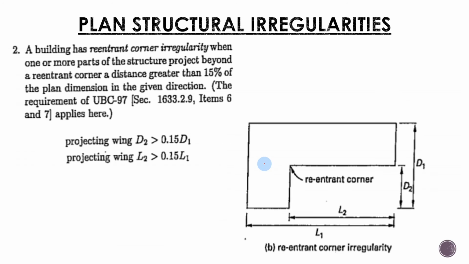Second is building has a re-entrant corner irregularity. So when one or more parts of the structure project beyond a re-entrant corner a distance greater than 15% of the plan dimension in the given direction.